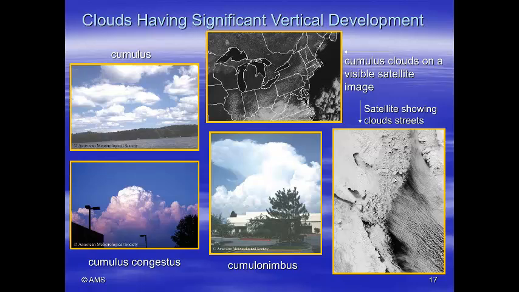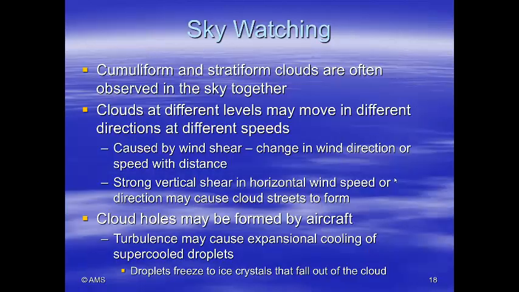Cumulus clouds are visible on satellite images, and we can pick them up. When you're sky watching, you'll note that cumuliform and stratiform clouds are often observed in the sky together.